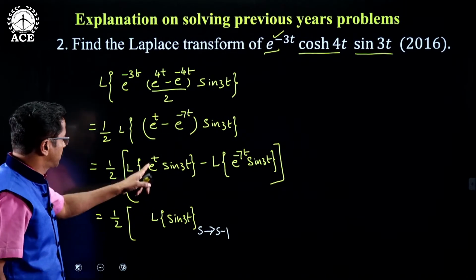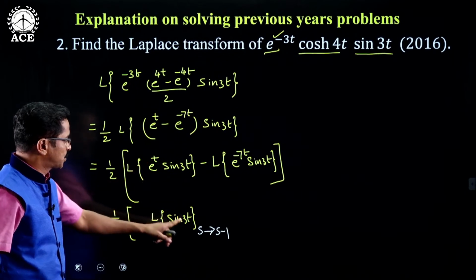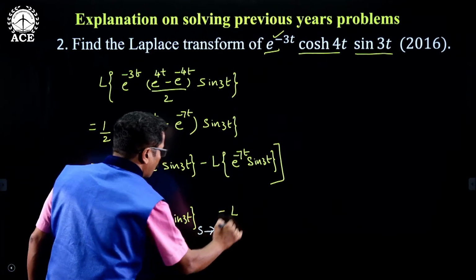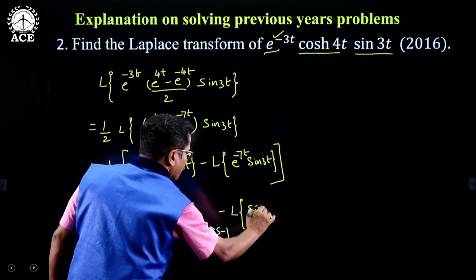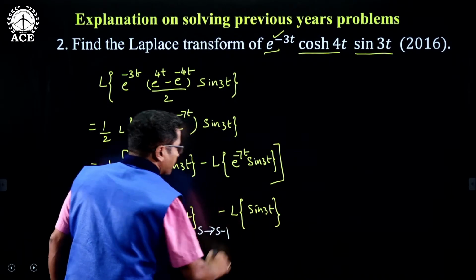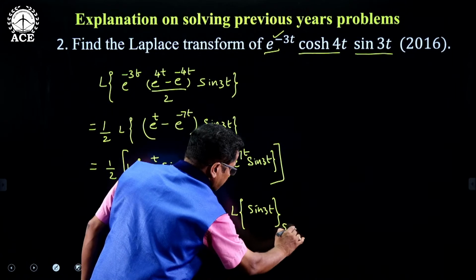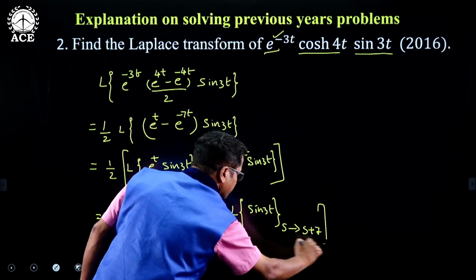Okay, because e power t with t coefficient is 1, so s is shifted to s minus 1, minus L of sin 3t. Here t coefficient is minus 7, so s is shifted to s plus 7.